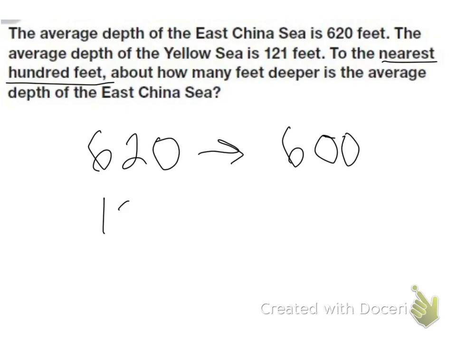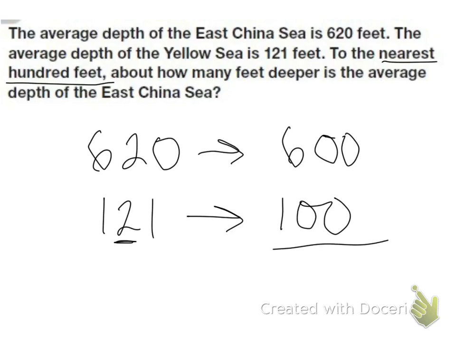And then 121 is going to round down to 100 because the 2 is less than 5. 600 minus 100 equals 500. So it's about 500 feet deeper in the East China Sea.